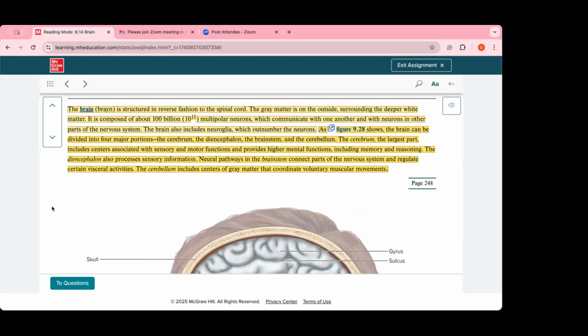So the white matter is deeper in the brain than the gray matter, which is what I thought they said. So go back to the question.